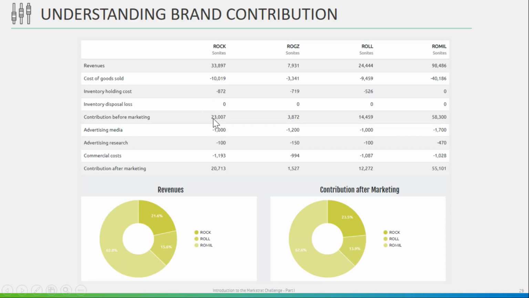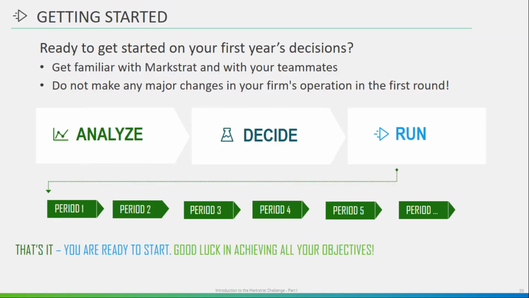This gives you your contribution before marketing, and then money you spent on marketing activities come here, and so you end up with total contribution after marketing per brand. So you can see here that this Rork Mill is doing fantastically, this Rock is doing great, Roll's doing okay, and this Rogs is doing kind of eh. So could be a new brand that over time it'll grow, but at this point it's not doing so great.